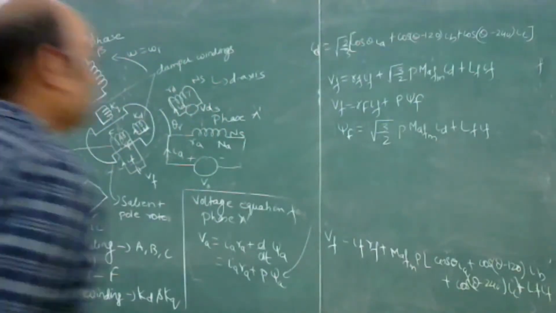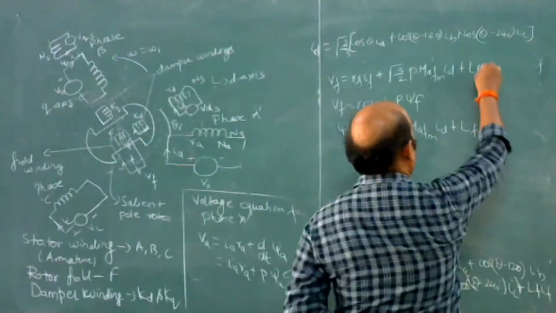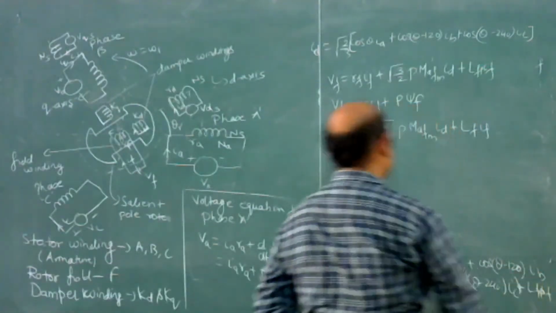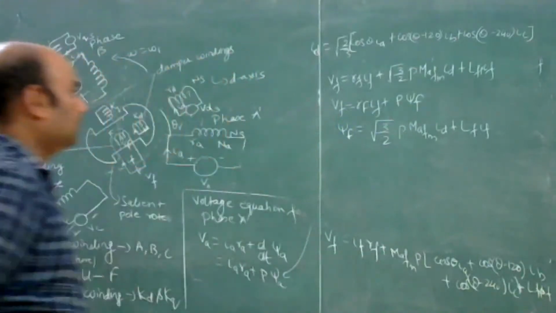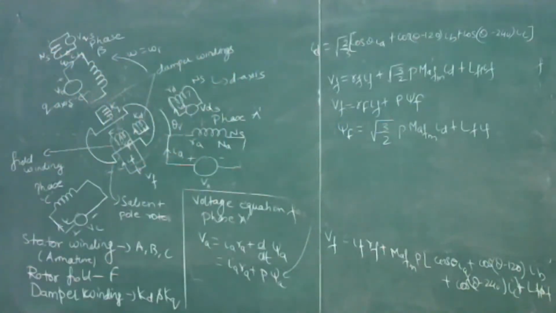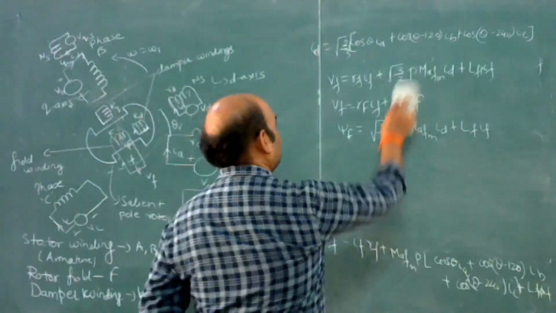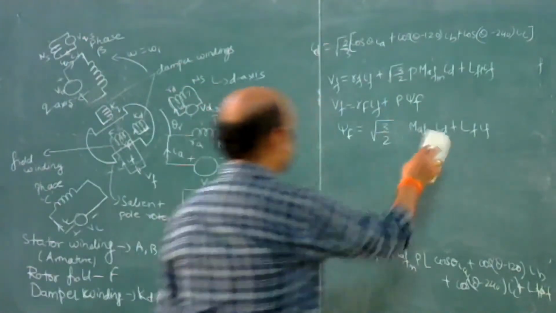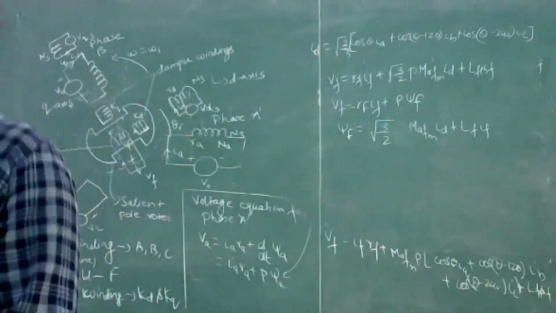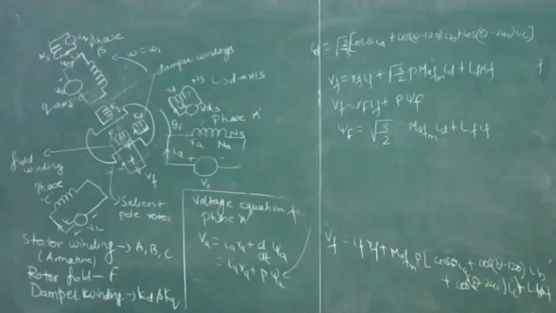This is PI. So comparing this, you will get flux linkage in field winding is equal to this much.